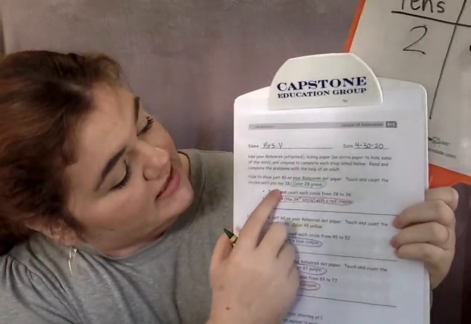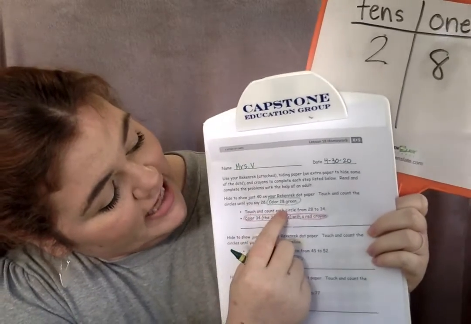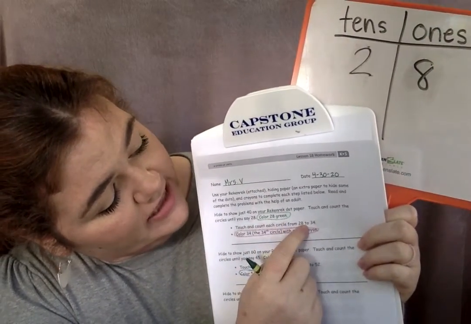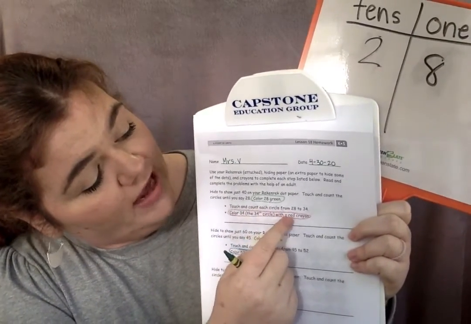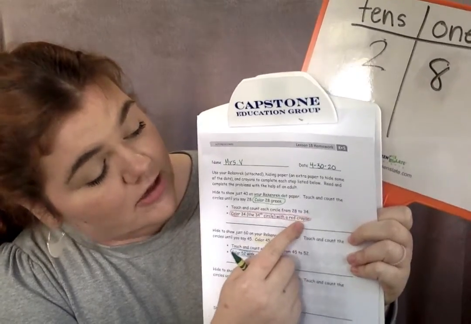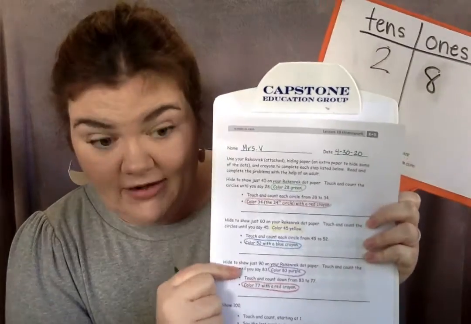So let's look at this next one. So it says touch and count each circle from 28 to 34. Okay? Then it says color 34 with a red crayon. So we're going to color that 34th circle red. Okay, so I don't need this anymore. I don't need my T-chart. So I need to count from 28 to what number? 34.